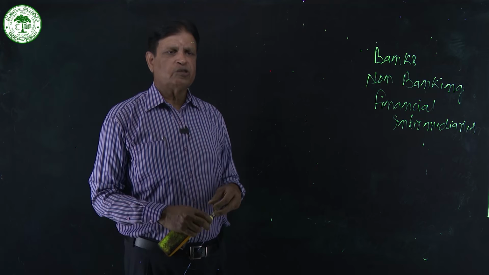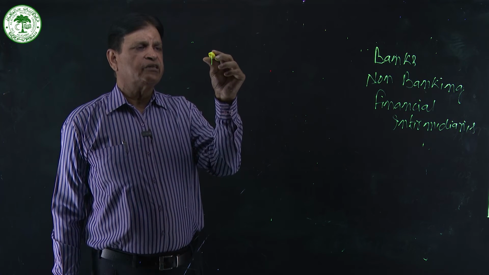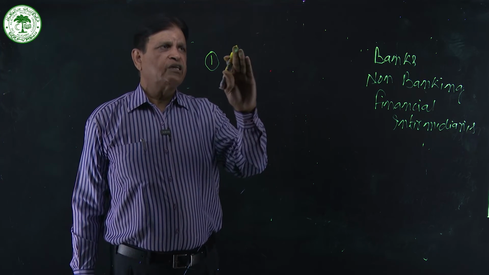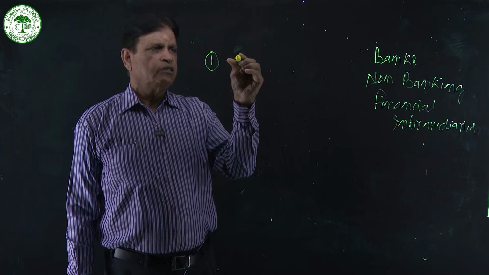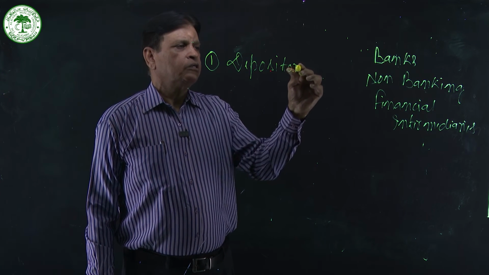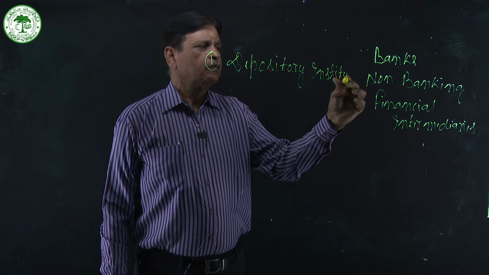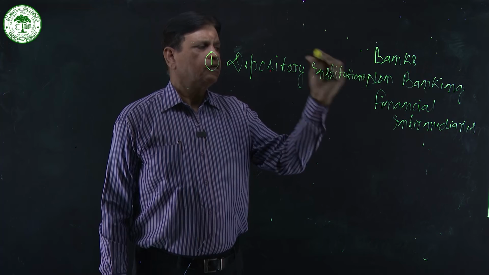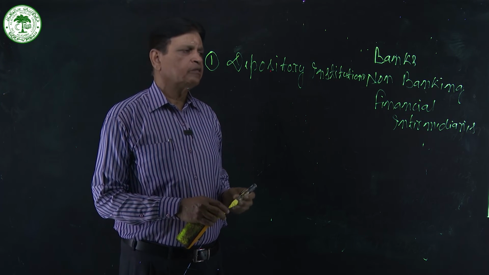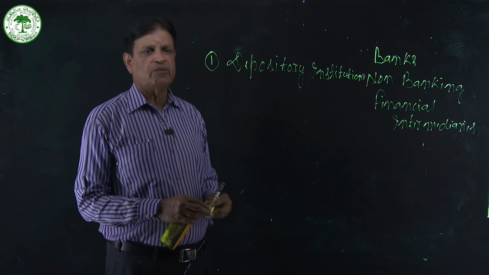There is another way of classifying the financial intermediaries. For example, we classify them as depository institutions. Depository institutions are banks and other intermediaries who accept deposits from the public and also give loans.